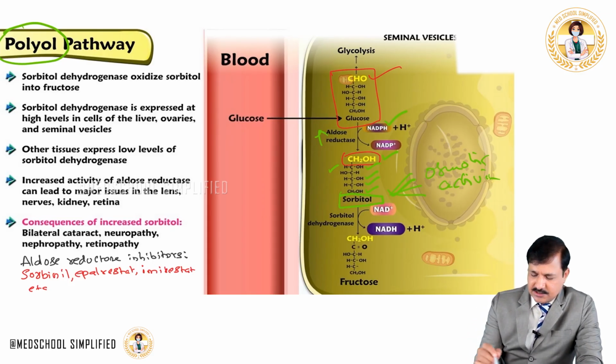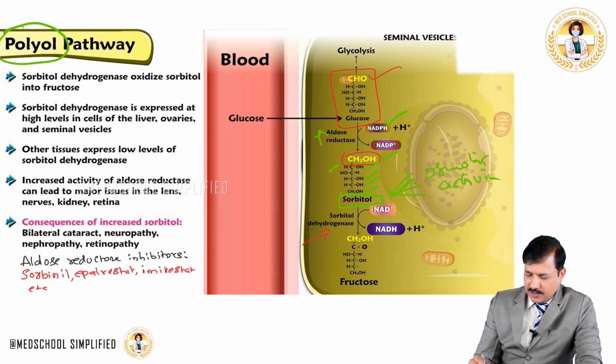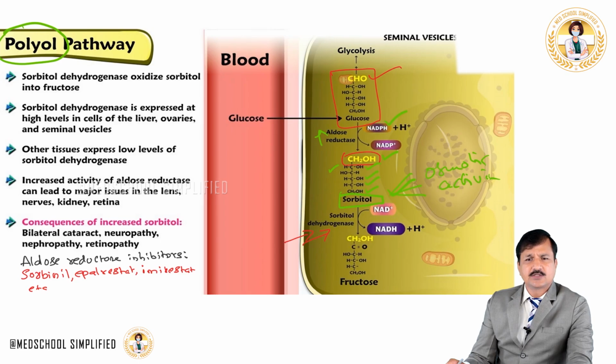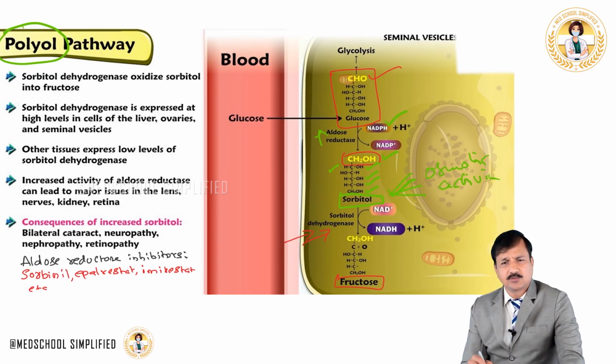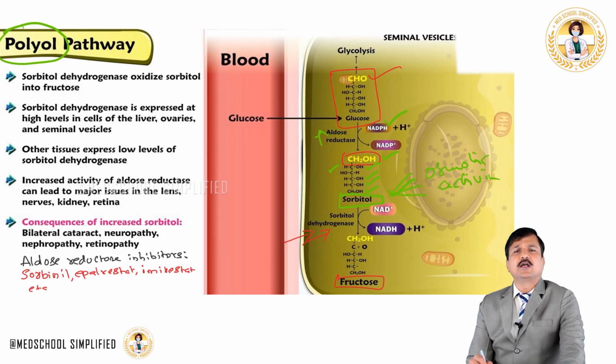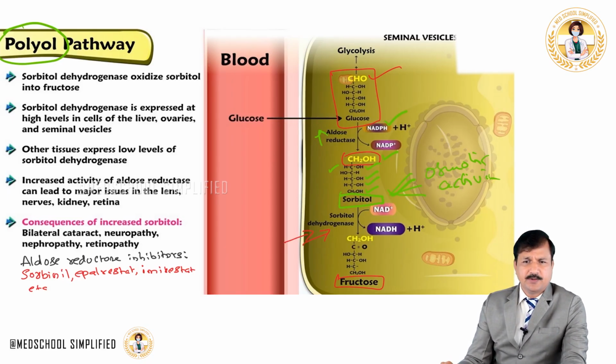The next enzyme shown here, sorbitol dehydrogenase, is going to convert sorbitol into fructose. Fructose is not an osmotically active molecule compared to sorbitol. So sorbitol dehydrogenase converts sorbitol into fructose, thereby decreasing the osmotic effect of sorbitol.